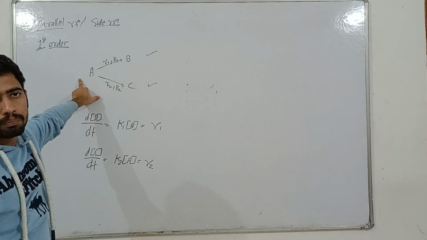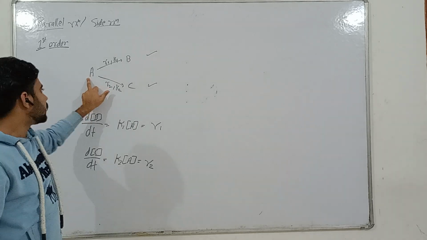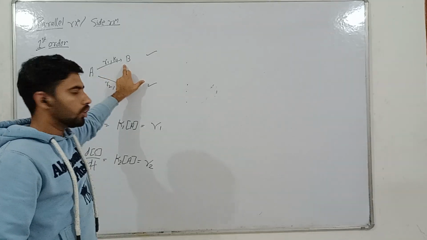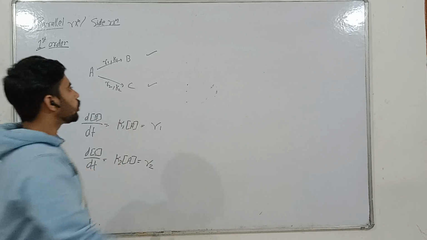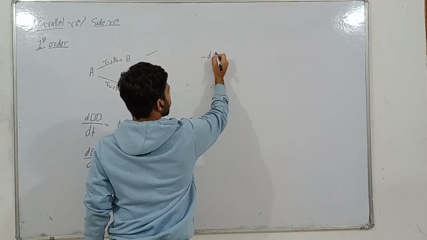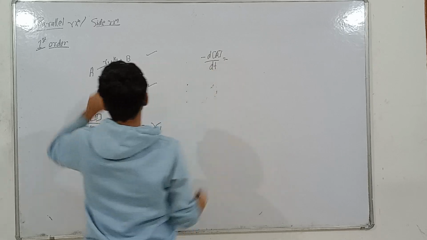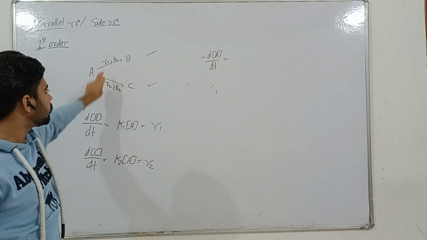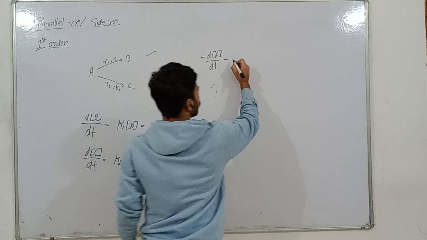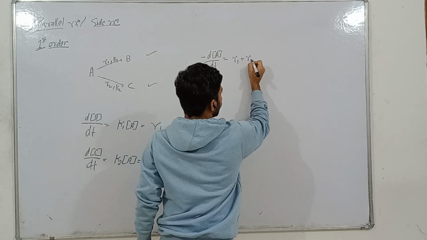If we talk about the disappearance of A, A disappears into B and also disappears into C. The disappearance of A is equal to dA by dt. It disappears from this path and also this one, so the rate is equal to R1 plus R2.